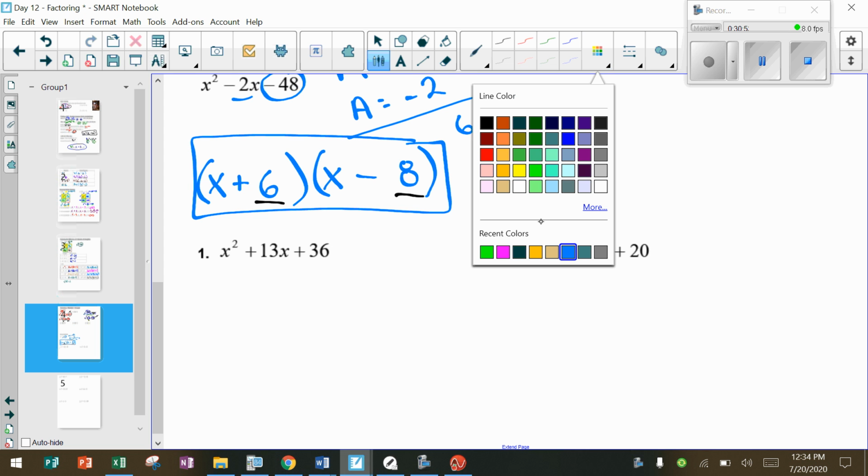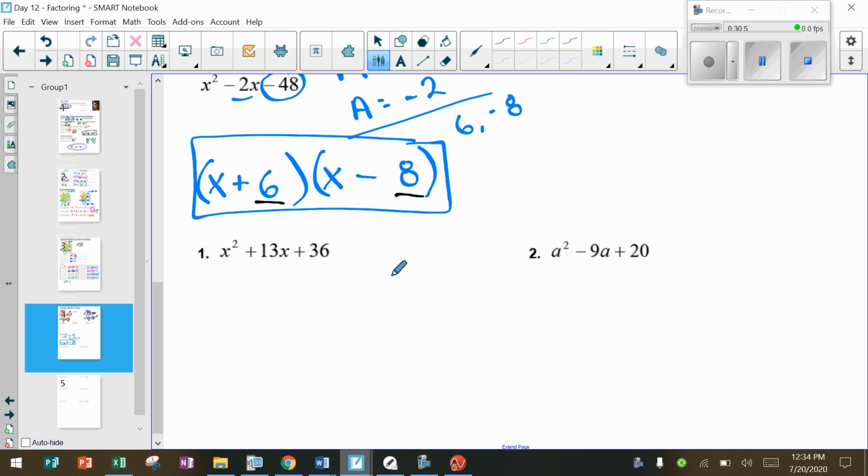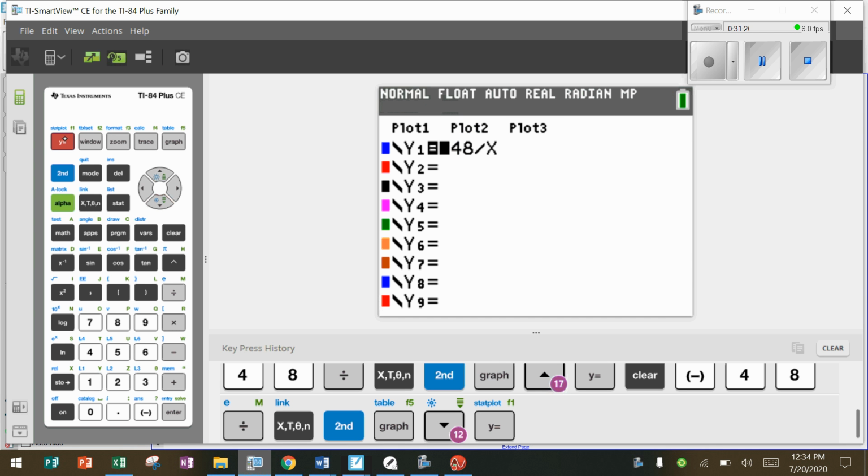All right, so here we go. Let's do, what do you think, guys? Let's do purple. I like the purple. So we are looking for two numbers that multiply to be 36, and they have to add to be 13. So you might want to think about this in your head, or we can go to the calculator. So on the calculator, I can go to y equals.